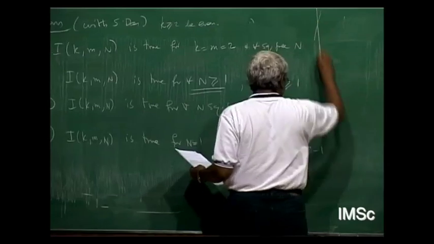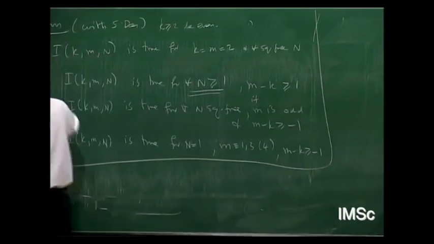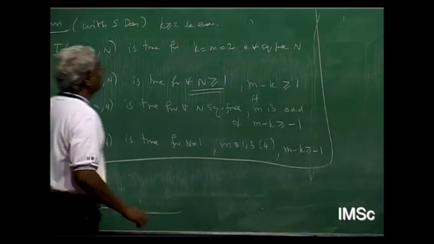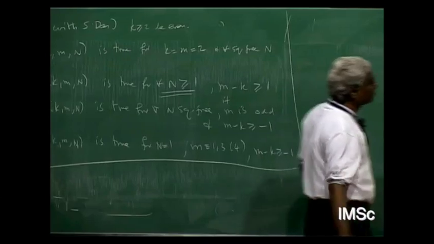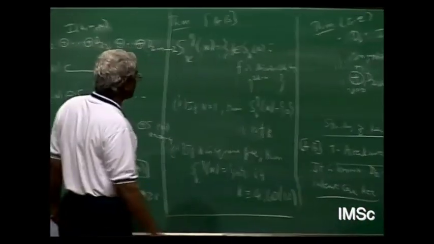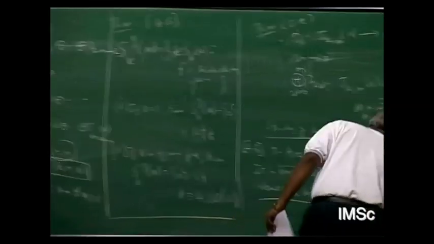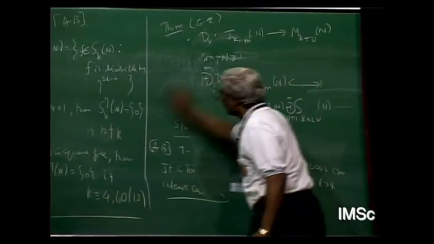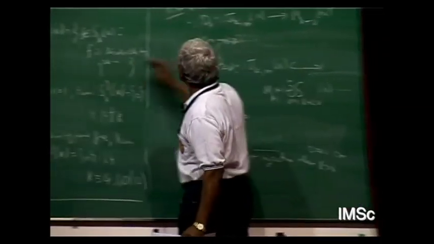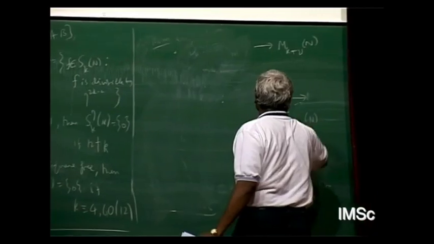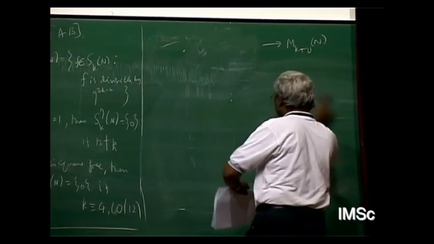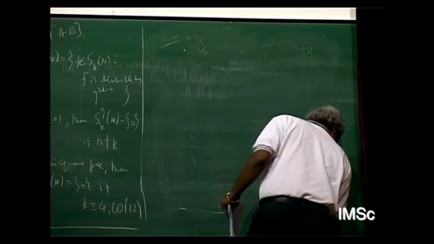So you will see why these conditions are coming in a moment when you sketch the proof. Probably I will just use this also because I need this and that, and then the remaining space I will use for giving a sketch of the proof.